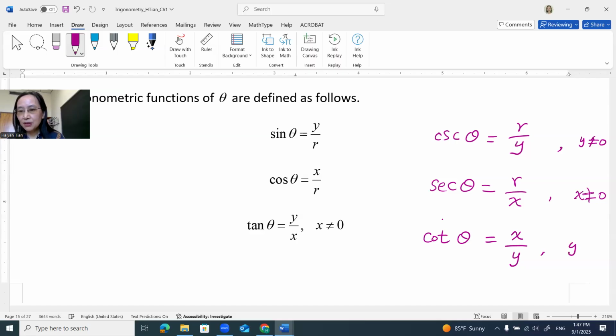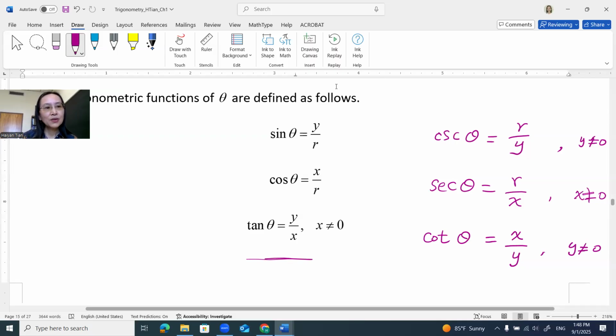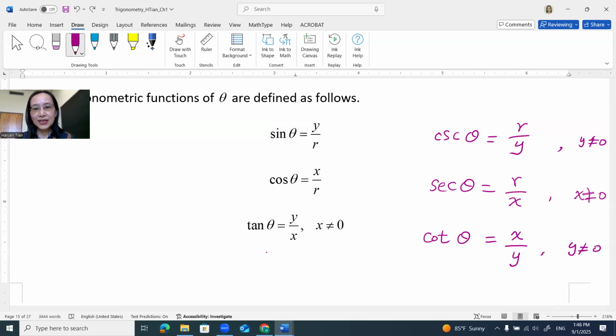But the cotangent function is defined only when y is not 0, and the tangent function is defined when x is not 0. So now we have all 6 functions. If they are all defined, the first 3 you can remember easily.